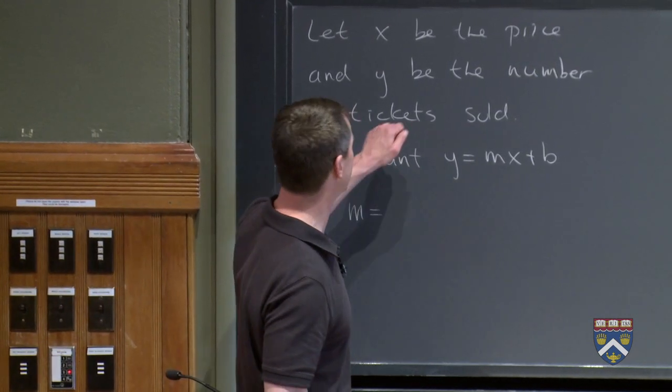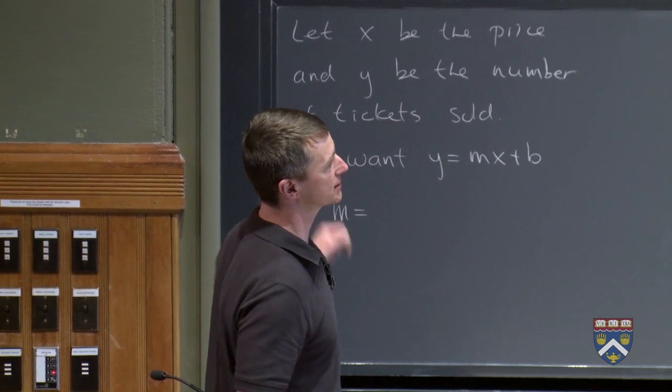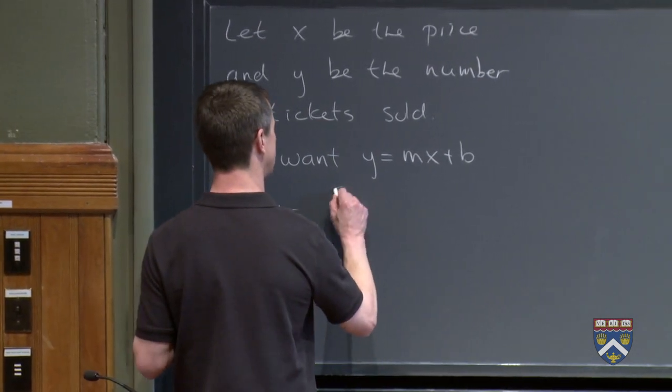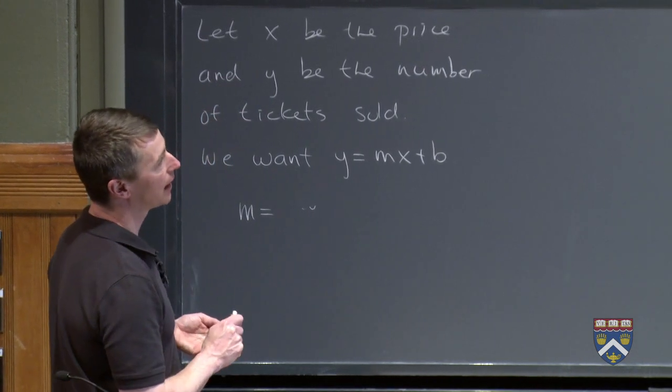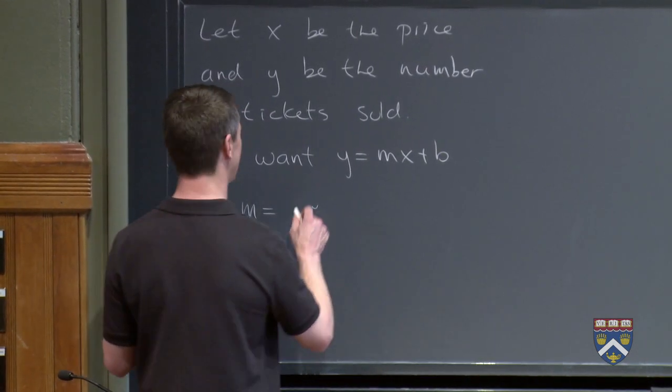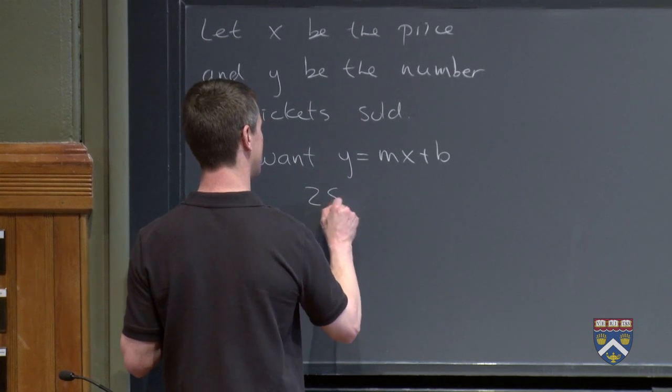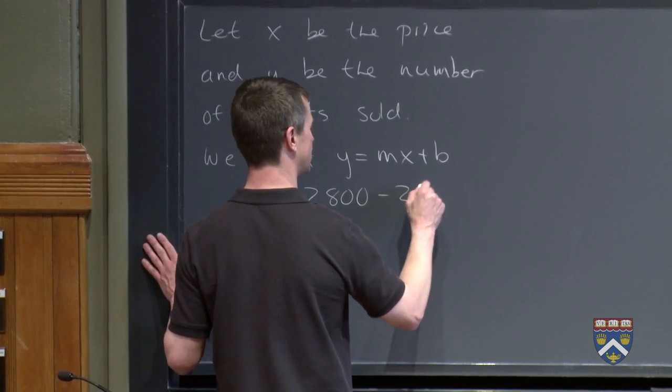Because we have decided that y is the number of tickets sold, on the top I'm supposed to be taking 2,800 minus 2,400.